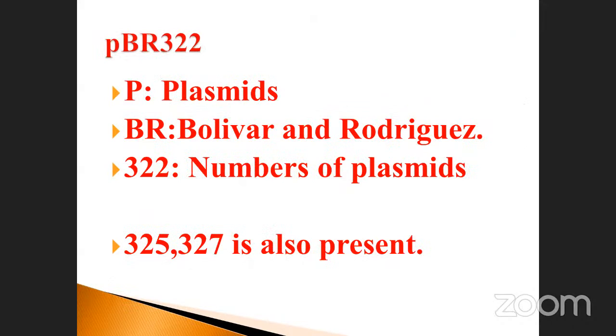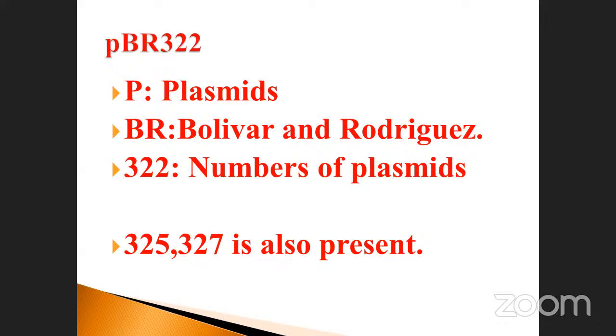Today, the remaining things. In pBR322, the P denotes plasmid, and BR is Bolivar and Rodriguez. The 322 is nothing but the number of the plasmid, otherwise called a distinguisher. How will it be differentiated or distinguished when you give the numbers 322, 323, 325, 327 and so on?